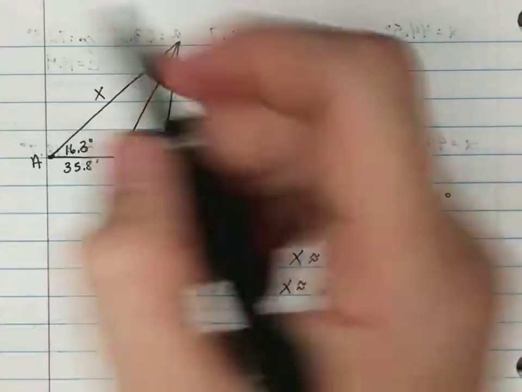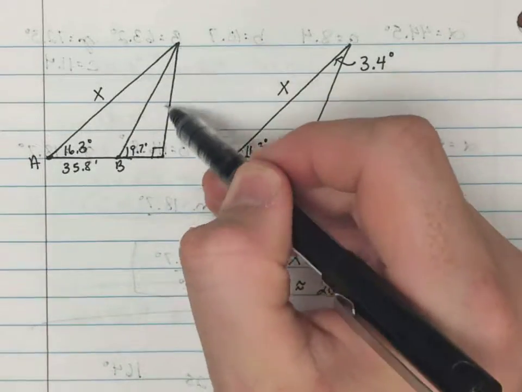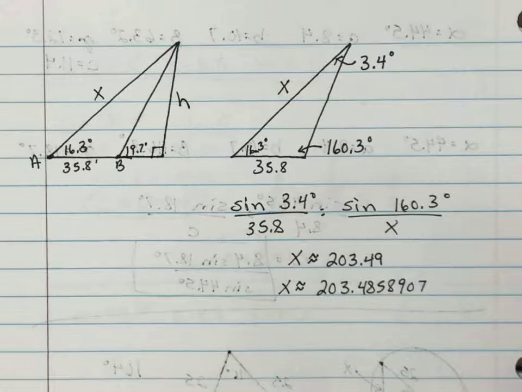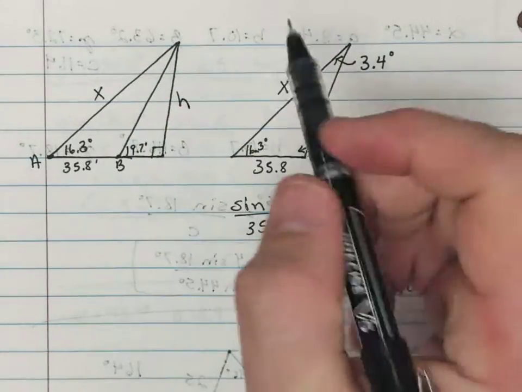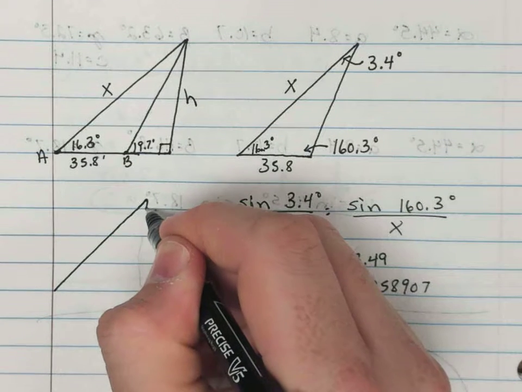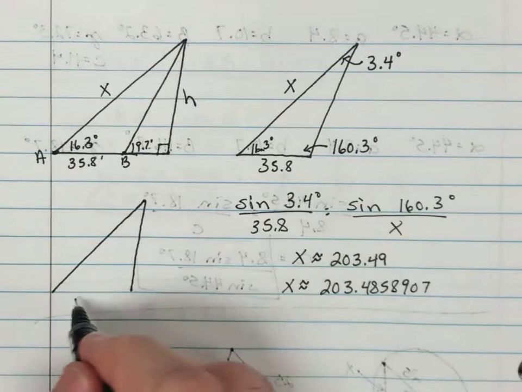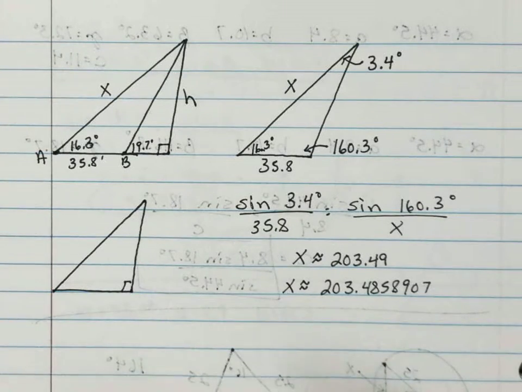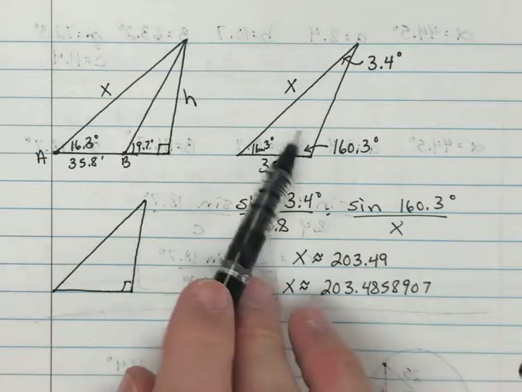Now, the whole purpose of having to do that, I want to show you the big picture. You're looking for the height of the tower. I'm going to call it h. You can now ignore this line and go to the big picture and use basic SOHCAHTOA. The difference between what we're doing now with law of sines and law of cosines and the SOHCAHTOA is law of sines and law of cosines work on oblique triangles.